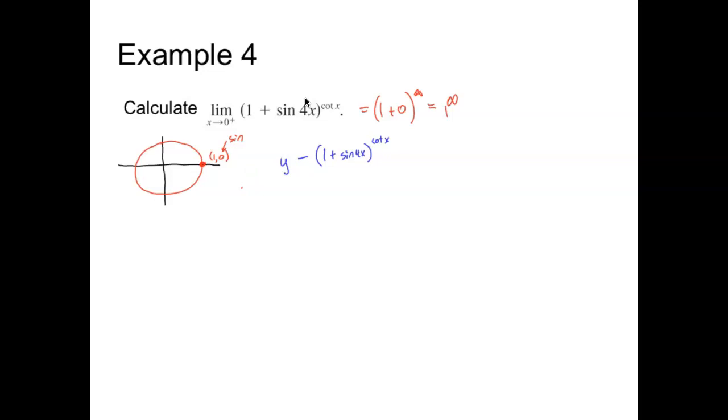But before we can do that, we want to get it to be an indeterminate form that we can apply L'Hopital's rule to. So we're going to introduce our natural log here. Let's take natural log of both sides. So ln y equals ln of the right-hand side.